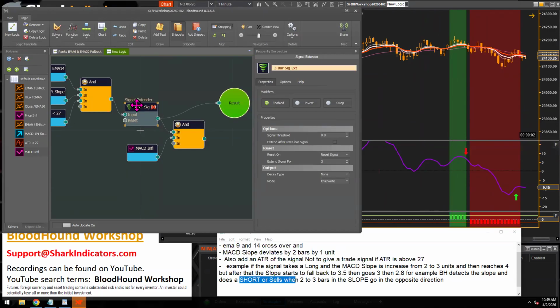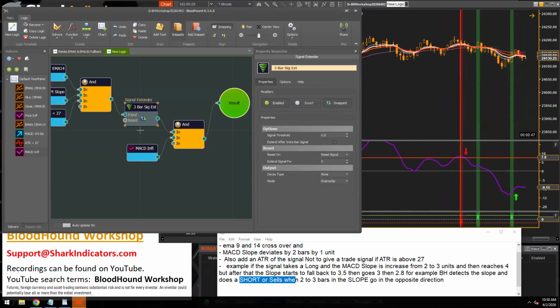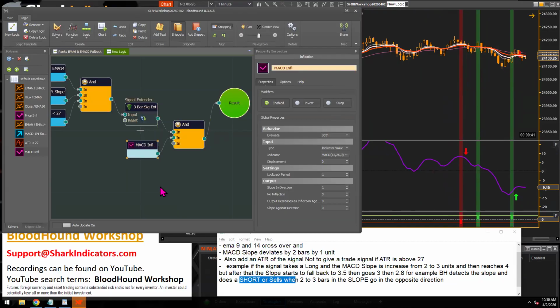The signal extender needed to be swapped. Yep, it needed to be swapped. And now, there we go. There it is. So this could do it. It could be just as simple as this, just checking to see when the MACD rolls over.